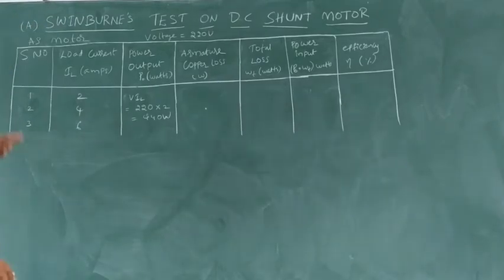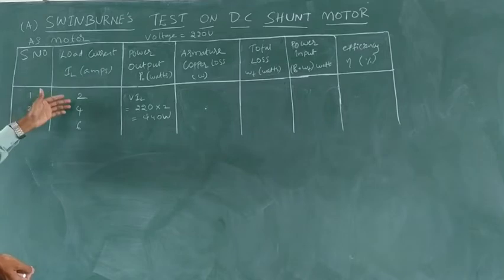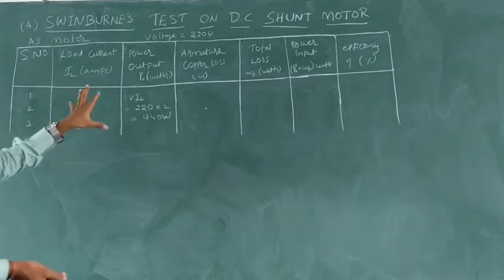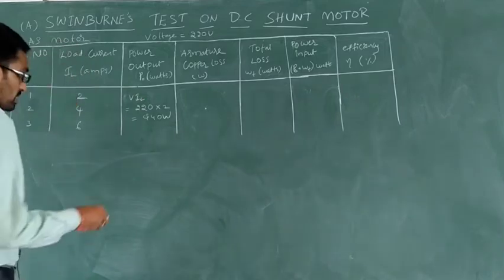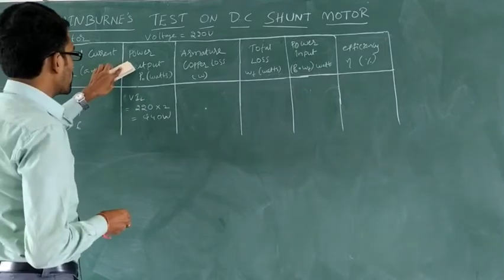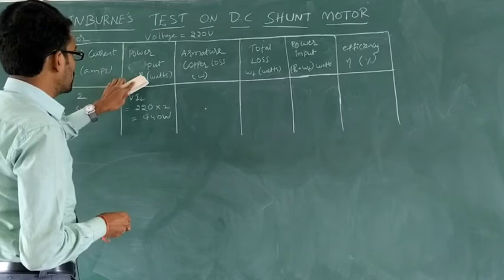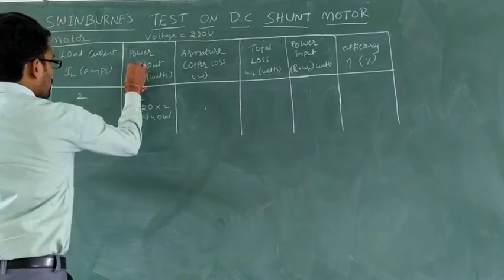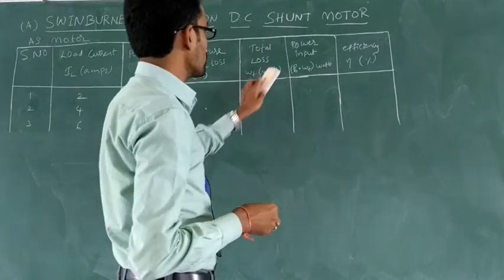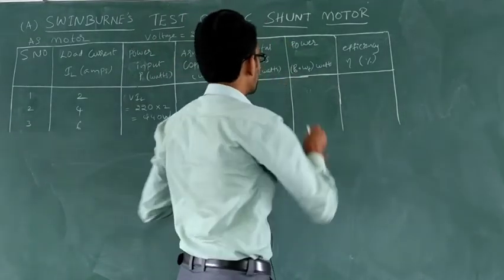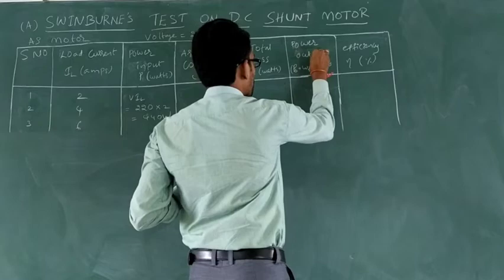The load currents are the same, 2, 4, 6, 8, like that. Here you need to consider power input, because we are giving the supply, and here armature copper loss and total loss, and here you have to calculate power output.